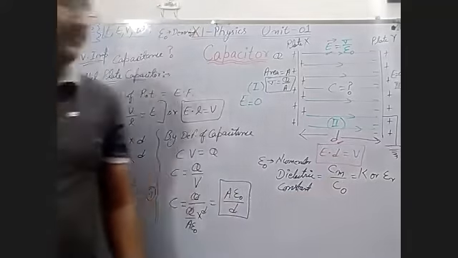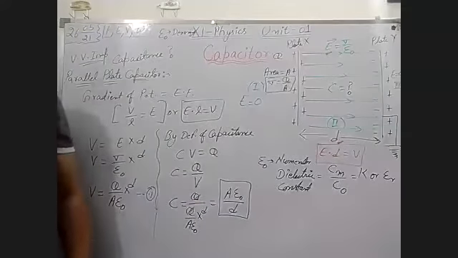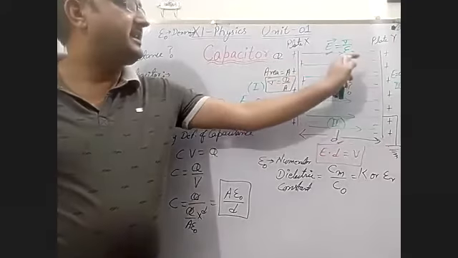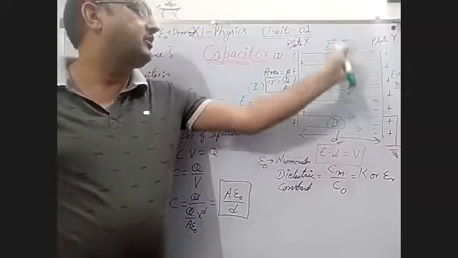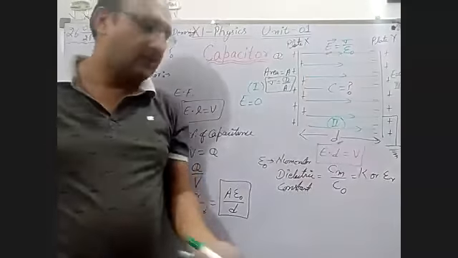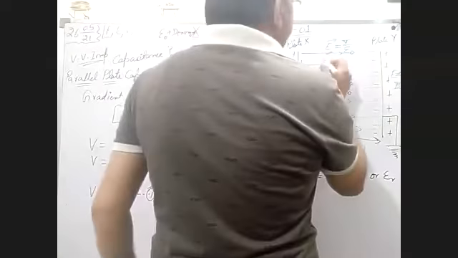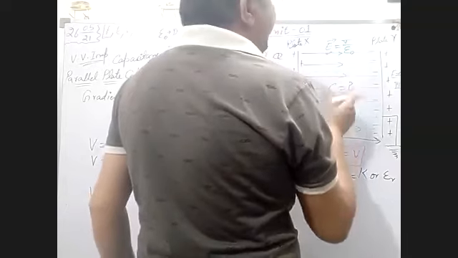Now, if this is the capacitor and the vacuum is inside it, or you can take air also, but if dielectric constant is there, then what will be the formula?